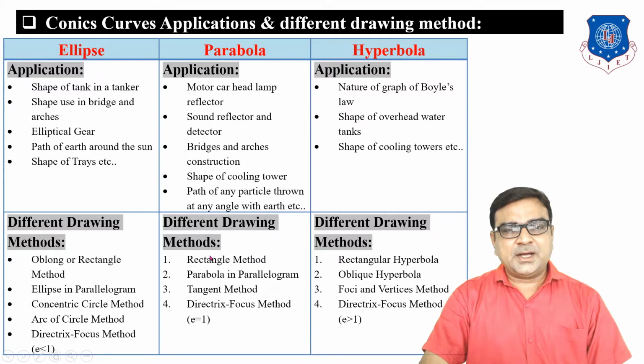And for parabola, there are four methods: rectangle method, parabola in parallelogram, tangent method, directrix and focus method. And for hyperbola, rectangular hyperbola method, oblique hyperbola, foci and vertices method, and directrix and focus method.